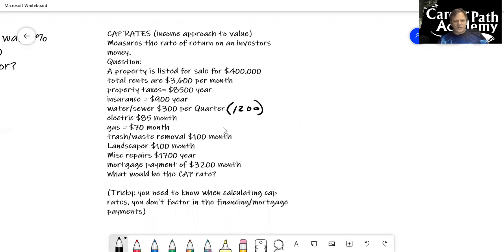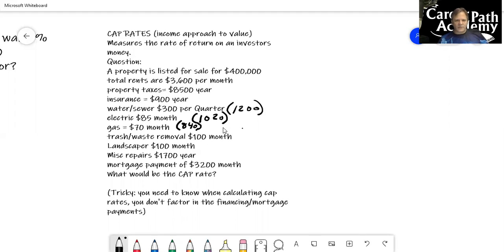So I suggest you do this next to all these figures. Just write what they are. 1,020. See, by writing in the figures like this, you already convert everything to annual. Then all you got to do is add it up. 70 times 12, 840. You guys see what I'm doing here?